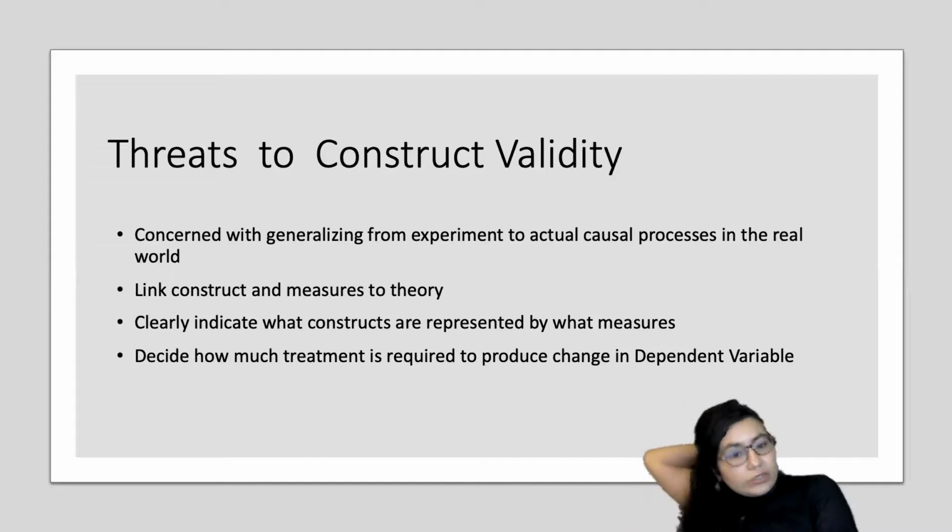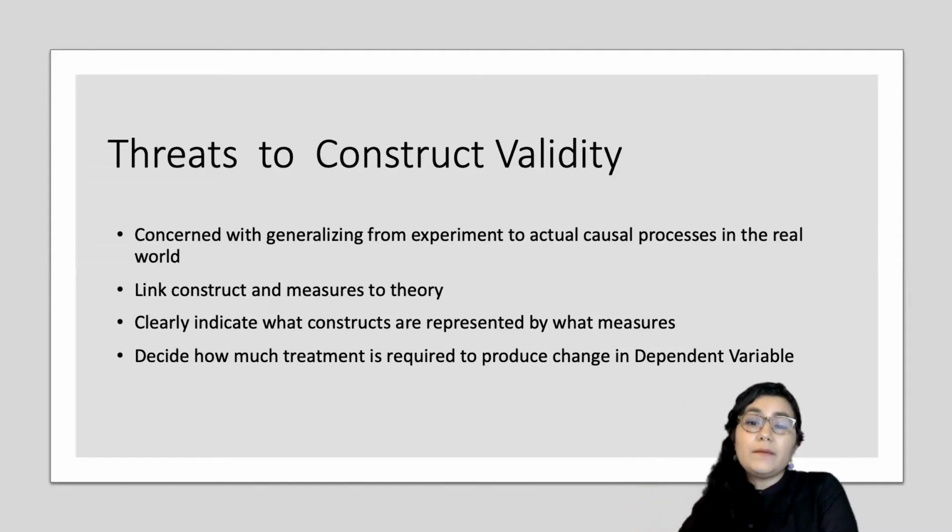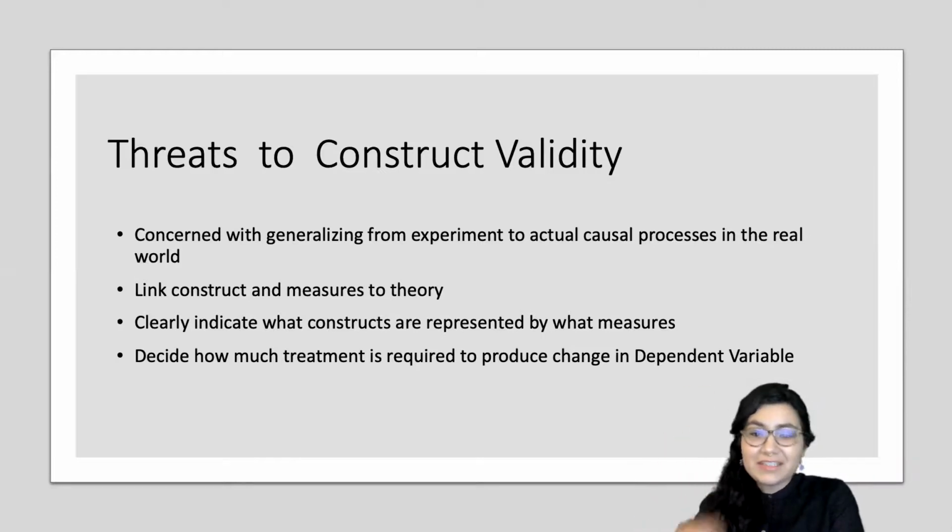So threats to construct validity are when our process of operationalization and conceptualization is not good, when the process we went through didn't deal with the measurement validity portions that we talked about in the beginning.